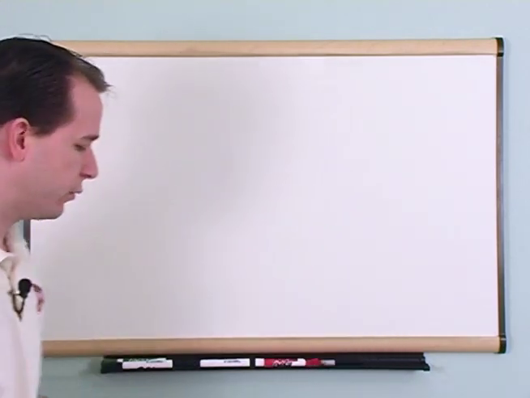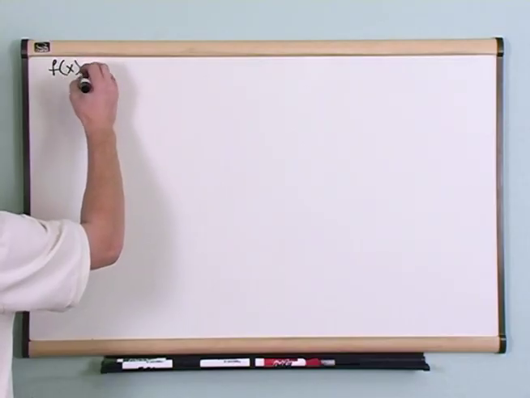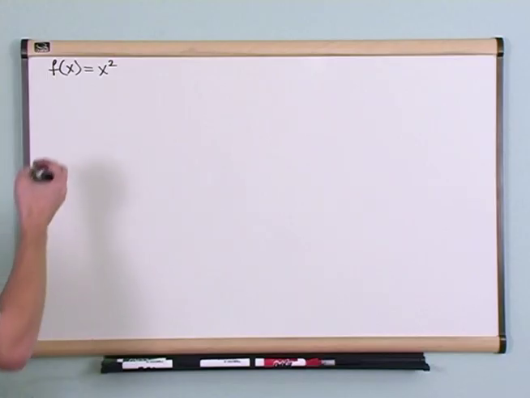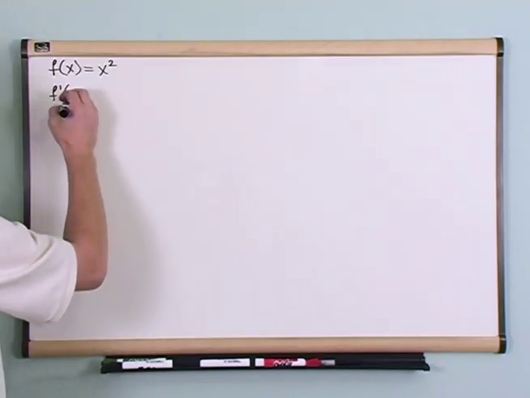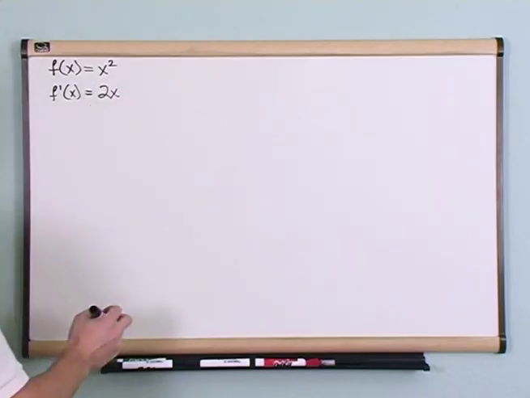Now, recall, in order to develop this idea of what an integral is, I'm going to use an analogy from what we've already talked about, which is the derivative. Okay? Remember back at the very beginning when I said, okay, here's a function of x, and it's x squared, okay? And I asked you to say, well, let's take the derivative of that, f prime of x, and you already know now that that's just 2x, okay?